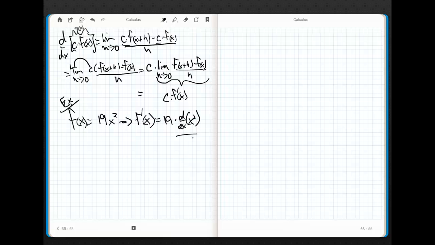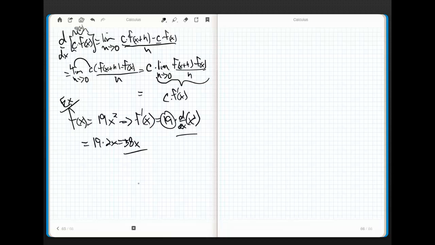Now, you don't have to go through this process. You're going to do this in your head. It just means that this constant right here is along for the ride. So I get 19 times 2x, which is effectively 38x. My derivative's done. Constants are wonderful. They just float along with us, and they do all sorts of good things for us.